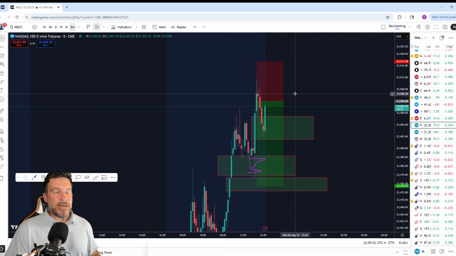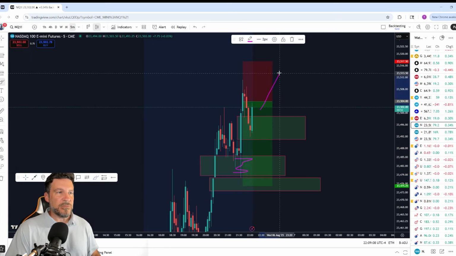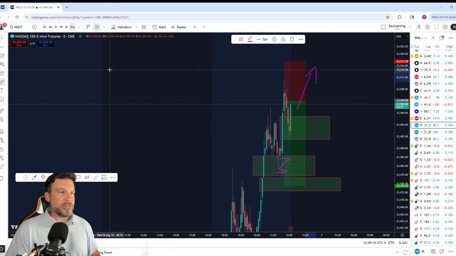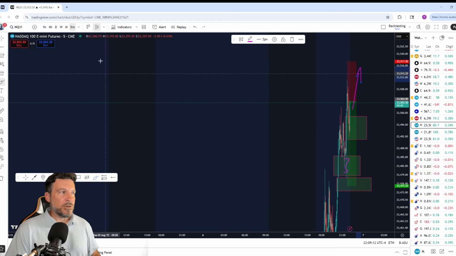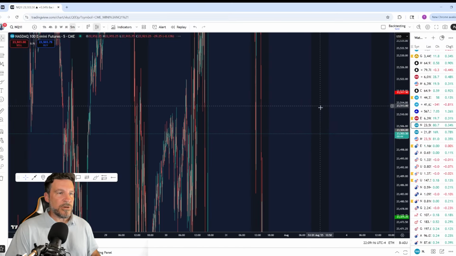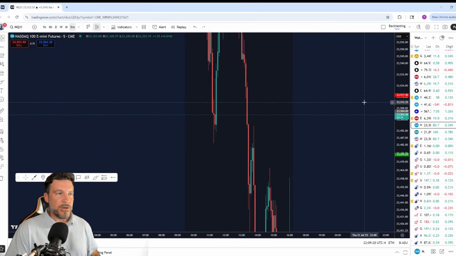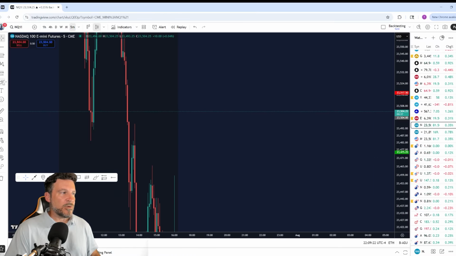Now, on the flip side of this, where might price be headed if it decides to move against me? Looking left, I'm going to look for another 5 minute fair value gap, or a higher time frame fair value gap. All the way over here, there's another one just above it.